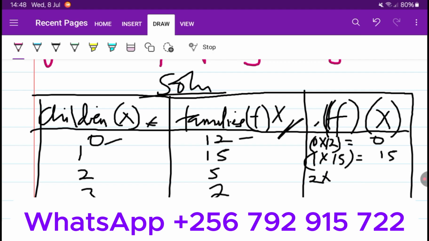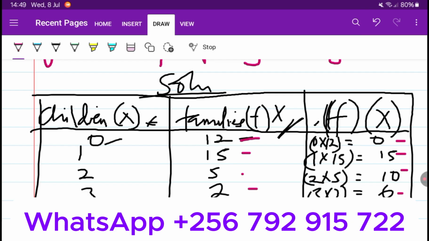Then 2 times 5, that will give you a 10. And then 3 times 2, that gives you a 6. And then 4 times 1 gives you a 4. So you add 0 plus 15 plus 10 plus 6 plus 4. Then you also add 12 plus 15 plus 5 plus 2 plus 1.